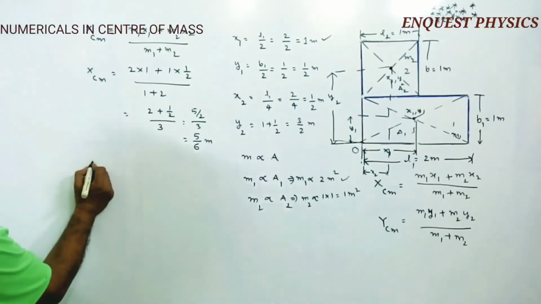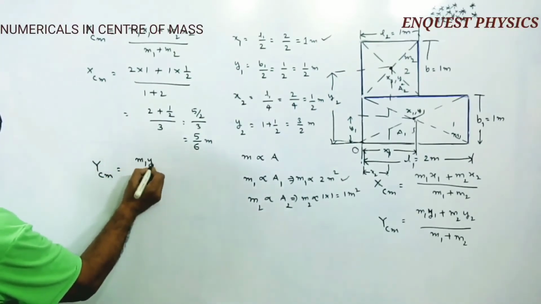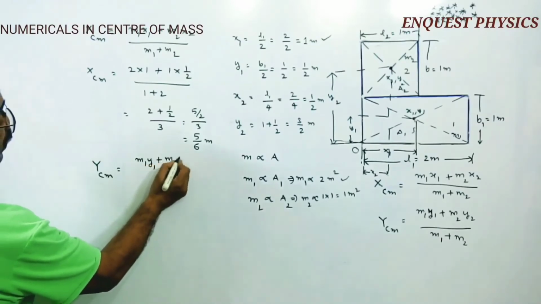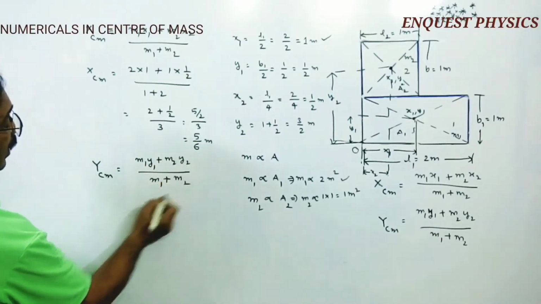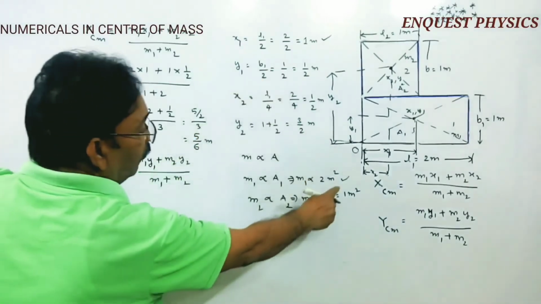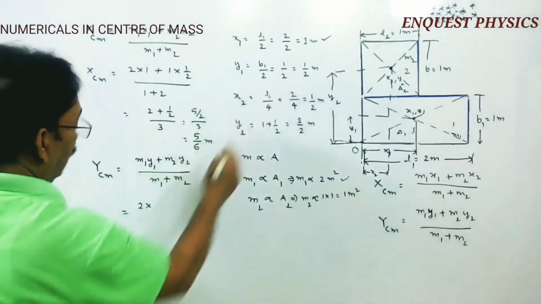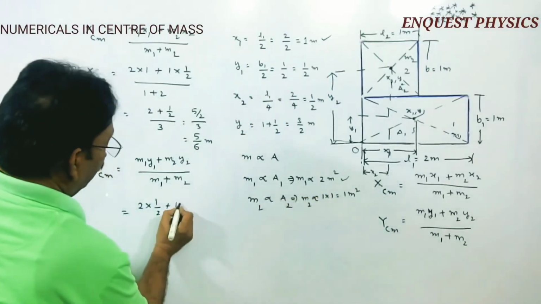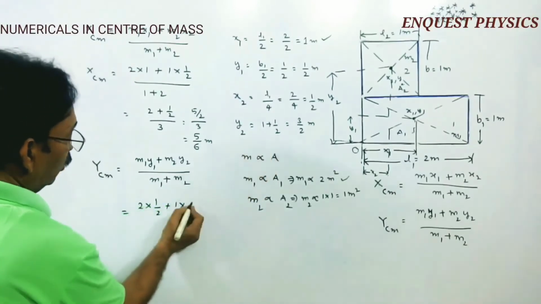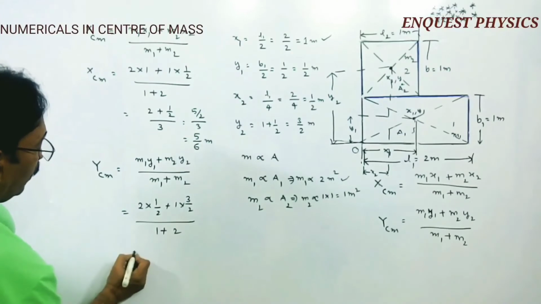And similarly you have to go with ycm. ycm is equal to m1 y1 plus m2 y2 by m1 plus m2. m1 obviously is 2, and y1 we got is 1 by 2, plus m2 which is 1, and y2 is equal to 3 by 2, divided by 1 plus 2.